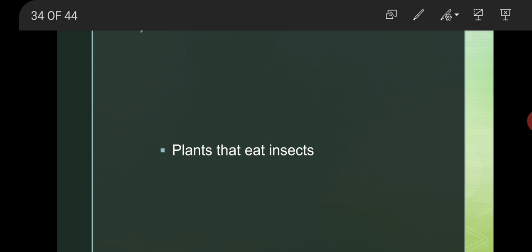Monocotyledon means the seed has only one cotyledon and dicotyledon has two cotyledons. The examples of monocotyledon plants are palm tree, banana tree, and the examples of dicotyledon plants are peas, beans, lentils.